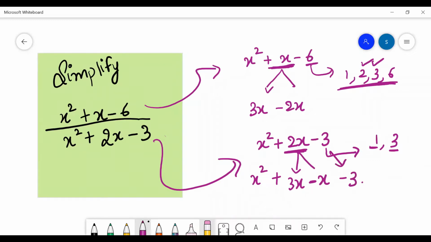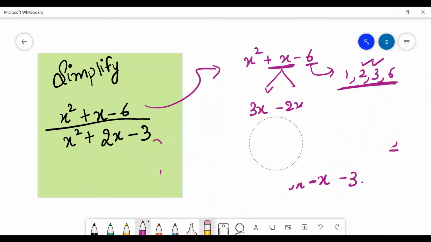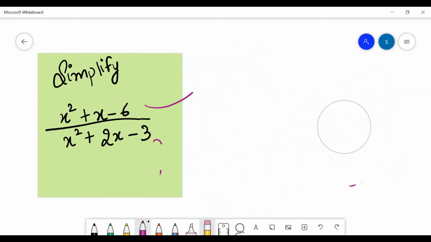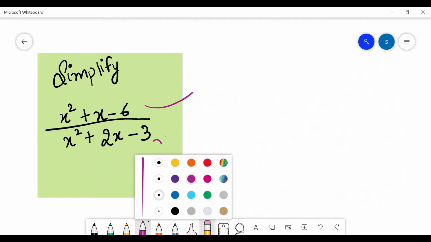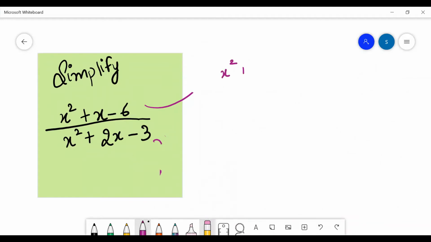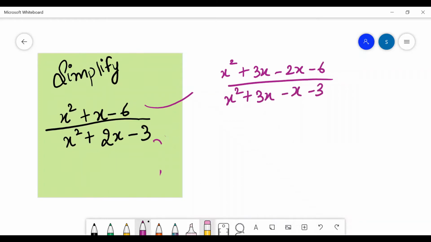So now that we've split the numerator and denominator, let's just write them together. That would be x square plus 3x minus 2x minus 6 divided by x square plus 3x minus x minus 3. Now just take common terms together.